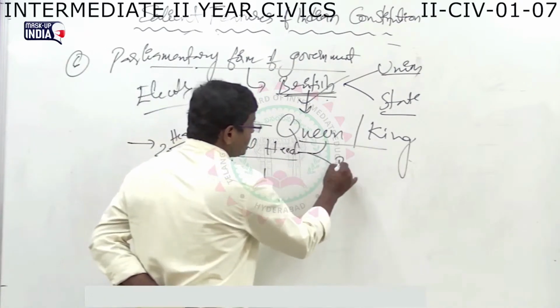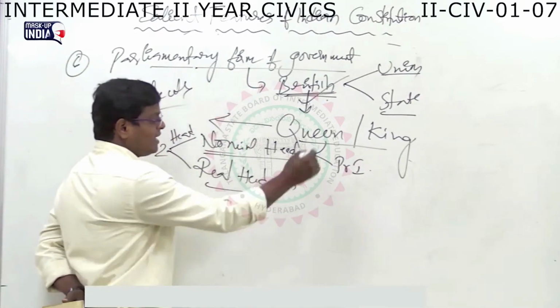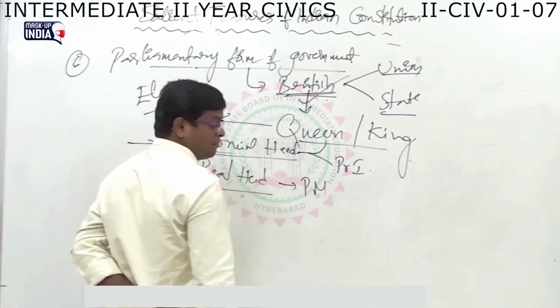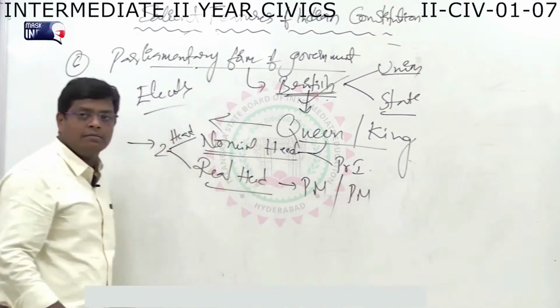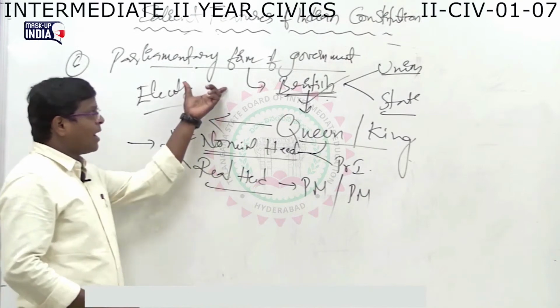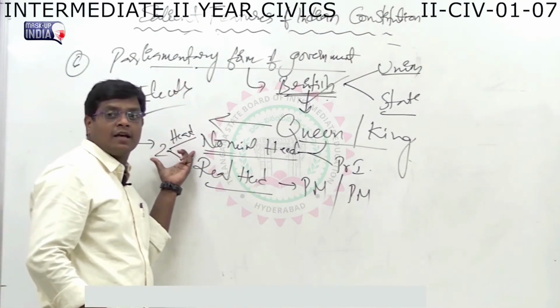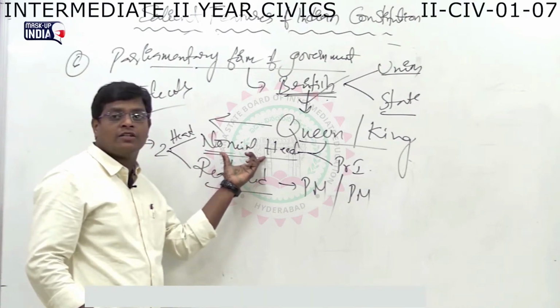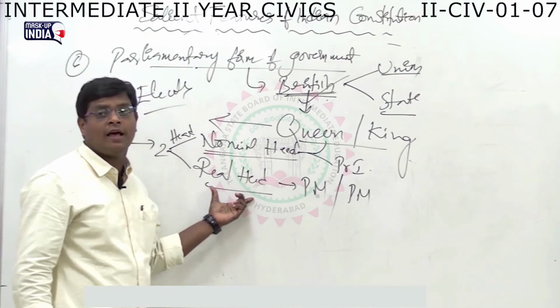In India, the President of India. Whereas the real head, in England, is the Prime Minister of Britain, and in India, the Prime Minister of India. That means the parliamentary form of government has two heads. One is the head of the nation, that is the nominal head. Another one is the head of the government, as the real head.